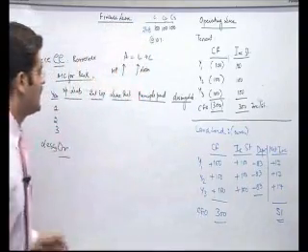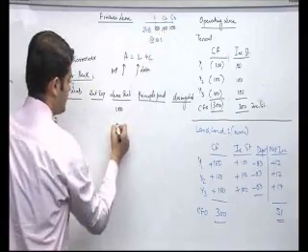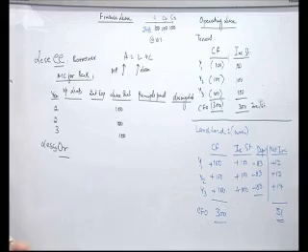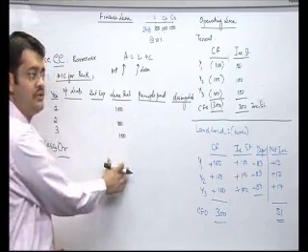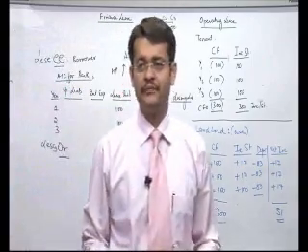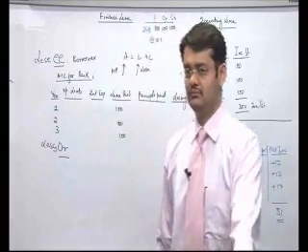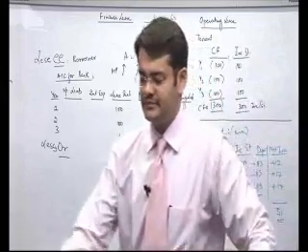Now here, how much is the lease installment that my borrower has to pay? 100 rupees each year. Can you calculate the present value of the 100 rupees discounted at 10%? Can you use your calculators to find out the present value of 100 rupees discounted at 10%?